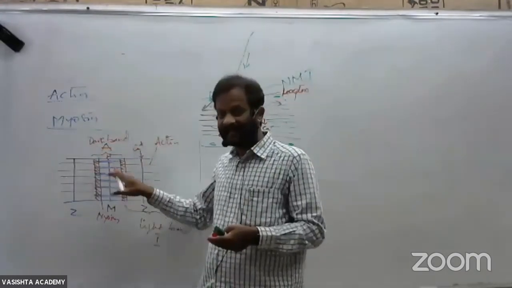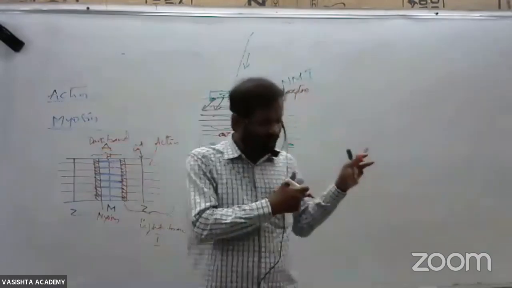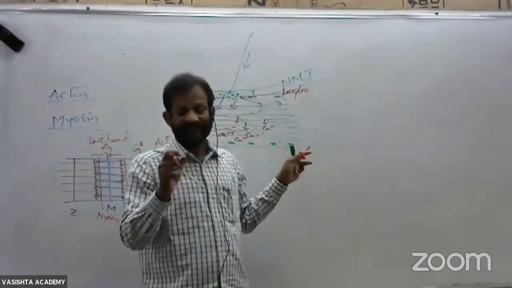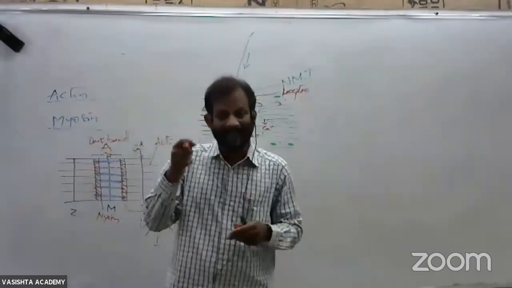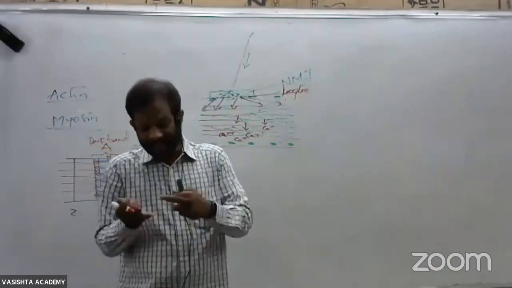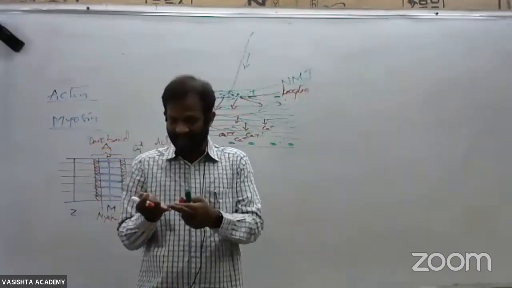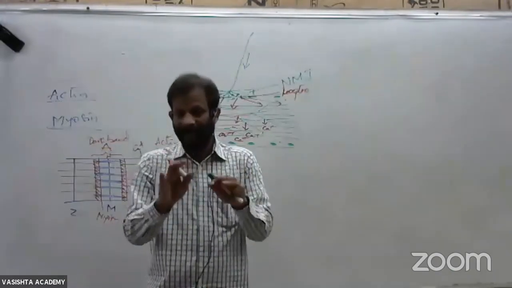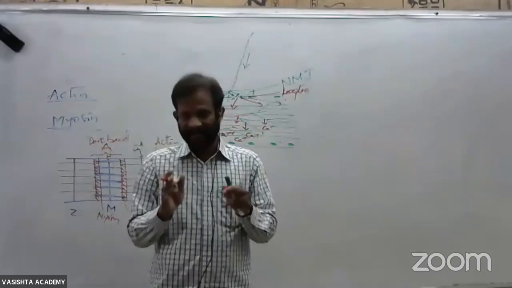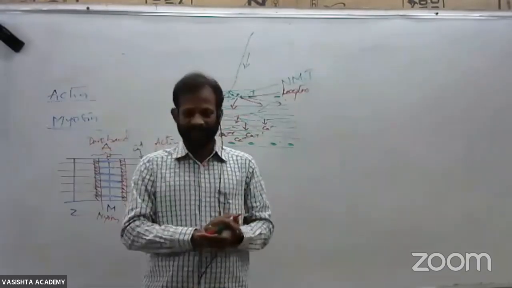Myofilaments. Actin and myosin. Just now I explained in the structure of actin and myosin filaments, there are some active sites or binding sites. In the actin filament, we can see the myosin binding site. In the myosin filament, we can see the actin binding site. They are blind in resting condition.